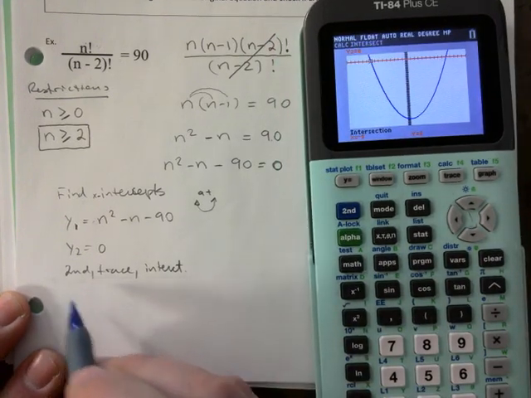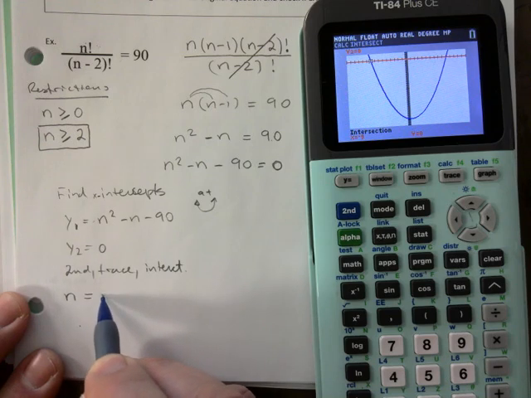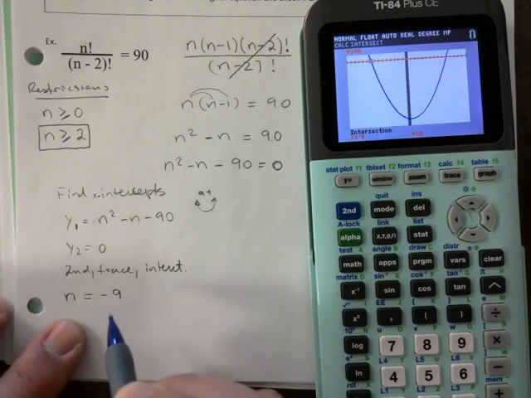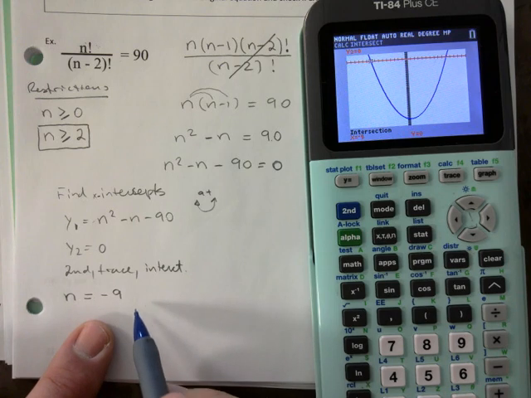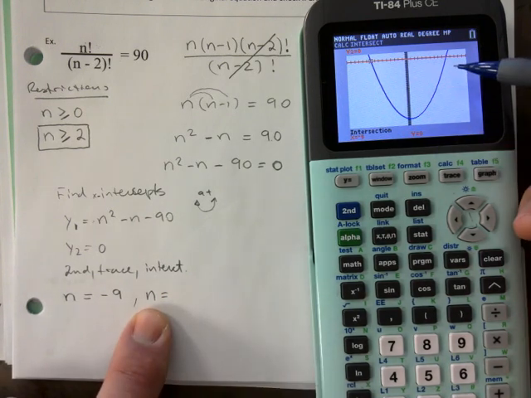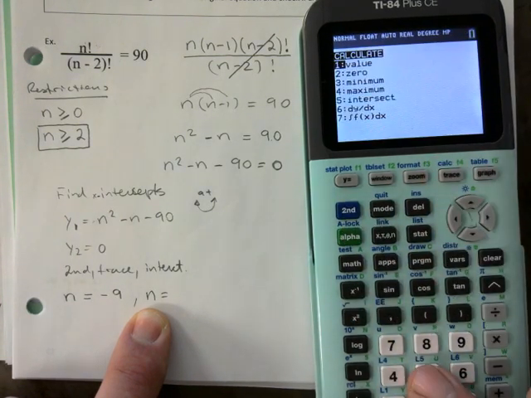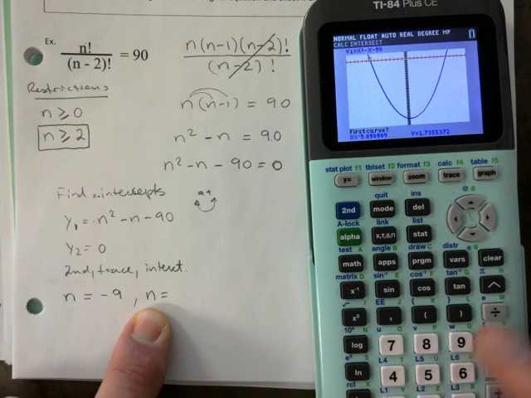Okay. So basically, when you go to your paper and you say that n can either be -9, that's my first option. But we also know that there's another value for n, which is out here. It's this one out here. So we're going to do this all over again. Second, trace 5 for intersect.